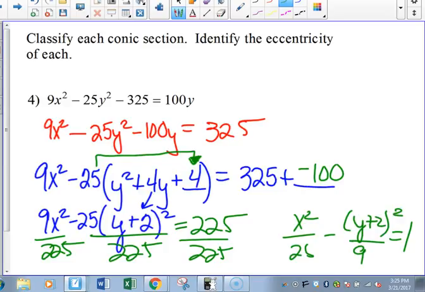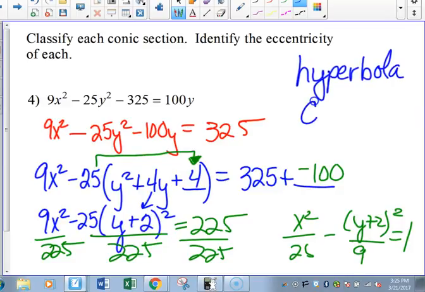Okay, guys, huge issue. For eccentricity, C is defined differently for an ellipse and a parabola, hyperbola. A is also defined differently for an ellipse than a hyperbola. This is a what? This is a hyperbola.